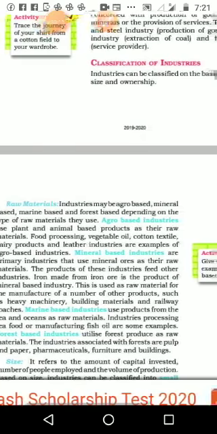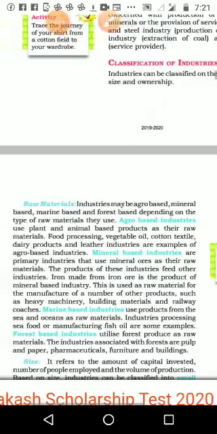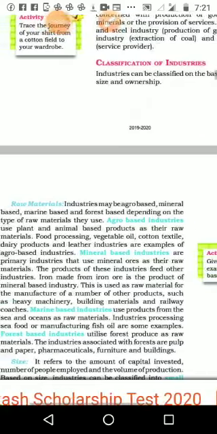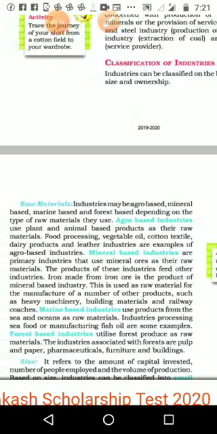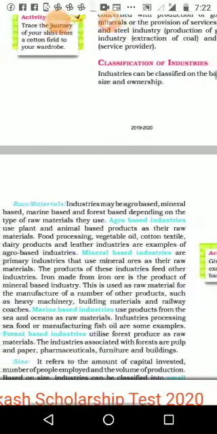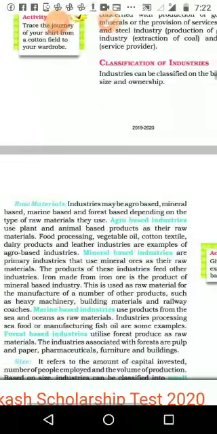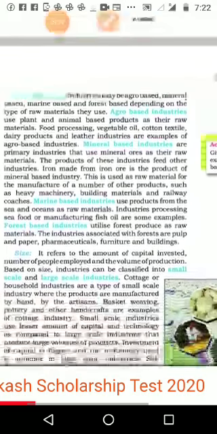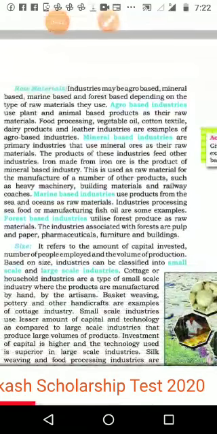Iron made from iron ore is the product of a mineral based industry. This is used as a raw material for manufacturing a number of other products such as heavy machinery, building materials and railway coaches. For many purposes we are using what? Iron.